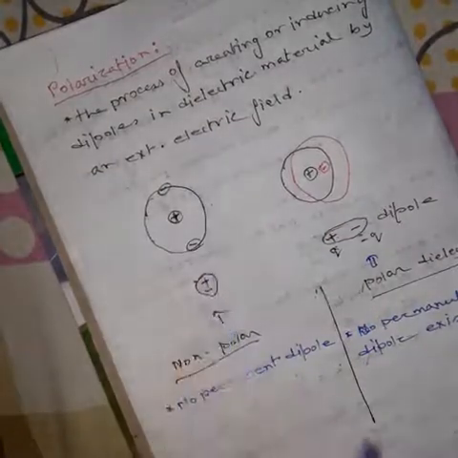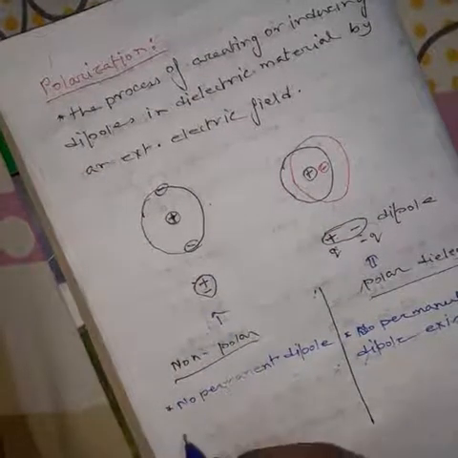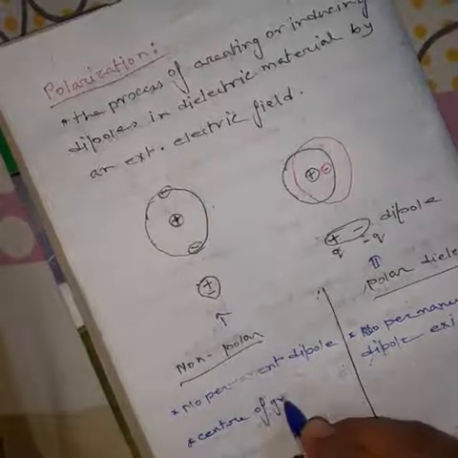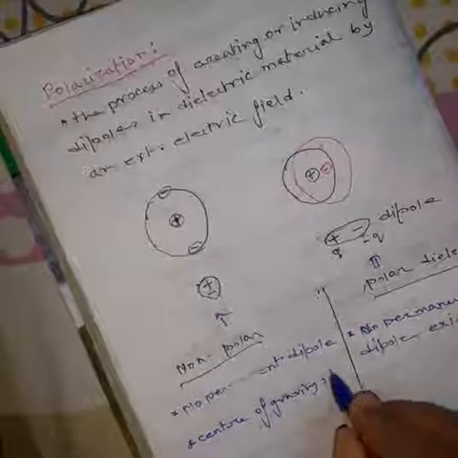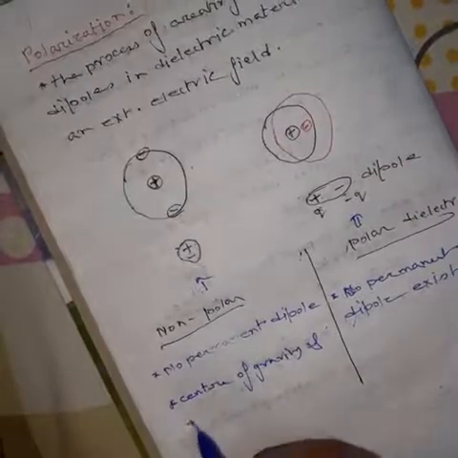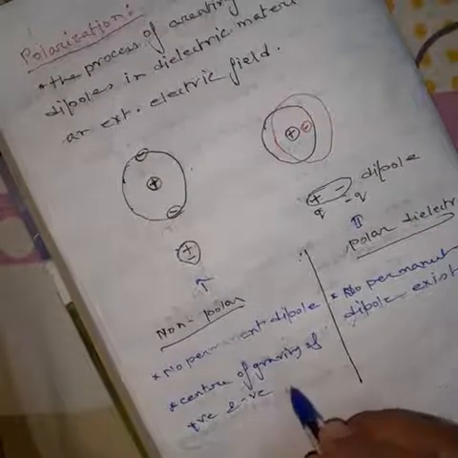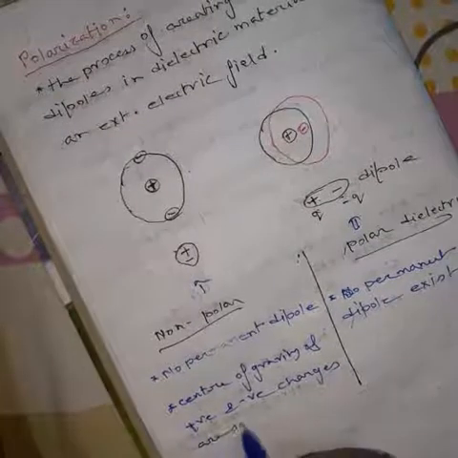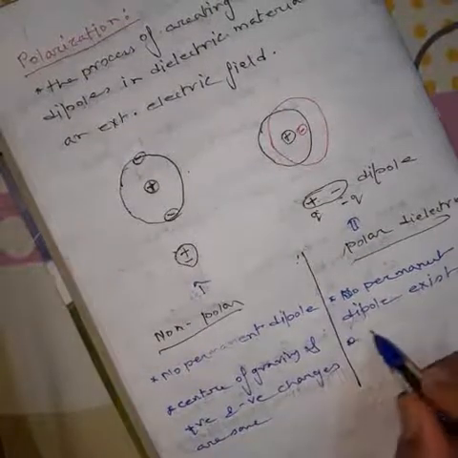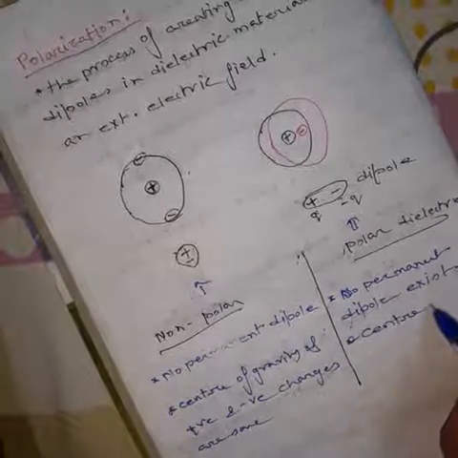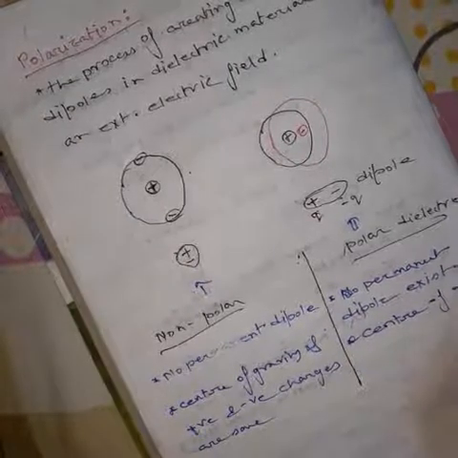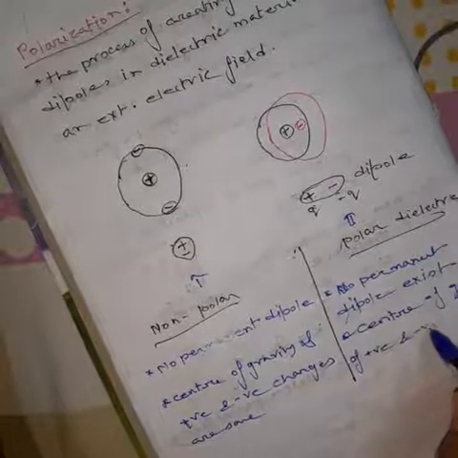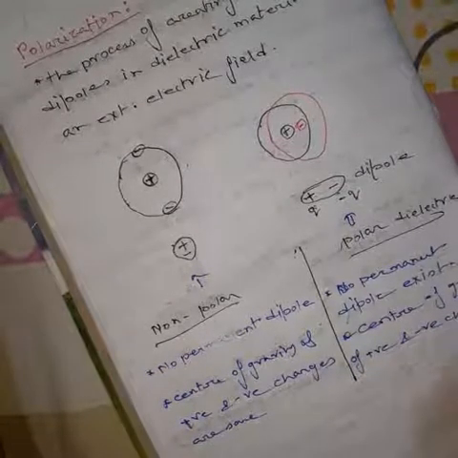Here I don't have. Basically the center of gravity of positive and negative charges are the same, and here the center of gravity of positive and negative charges are different.